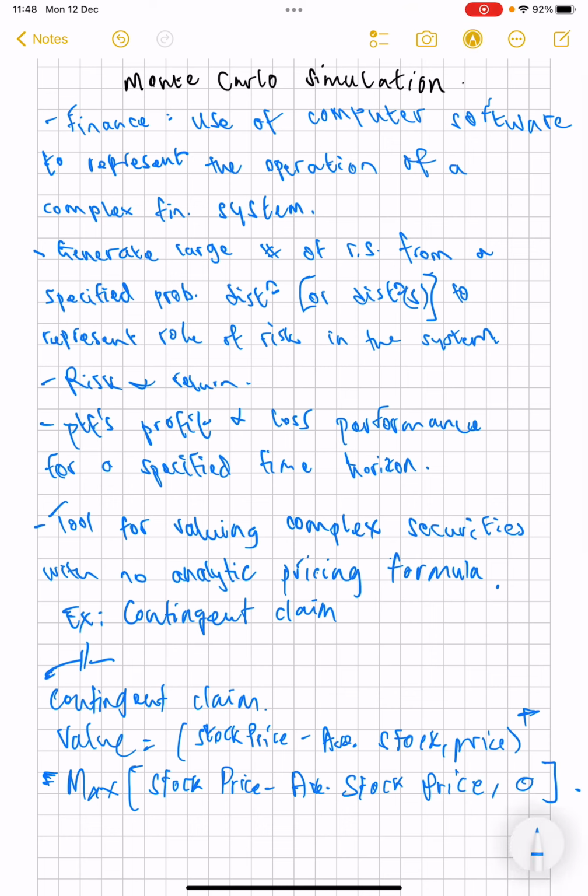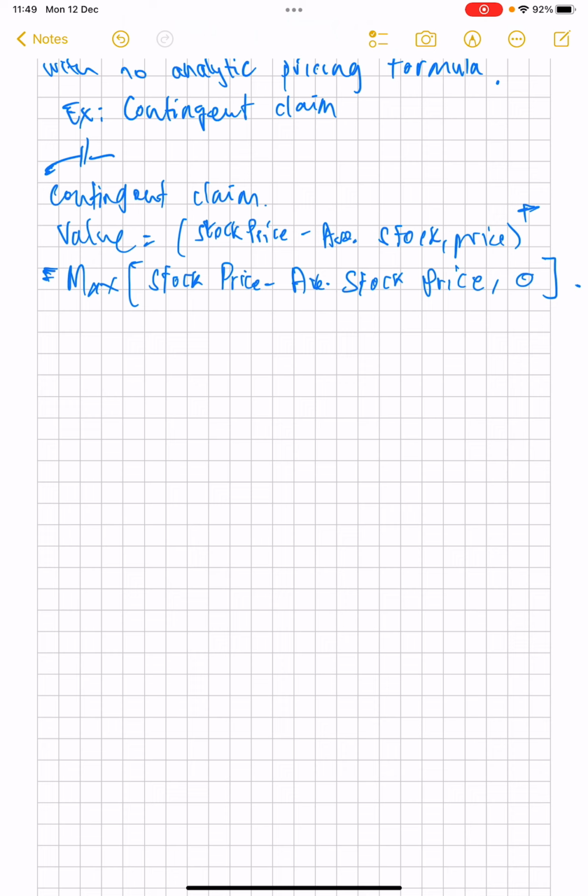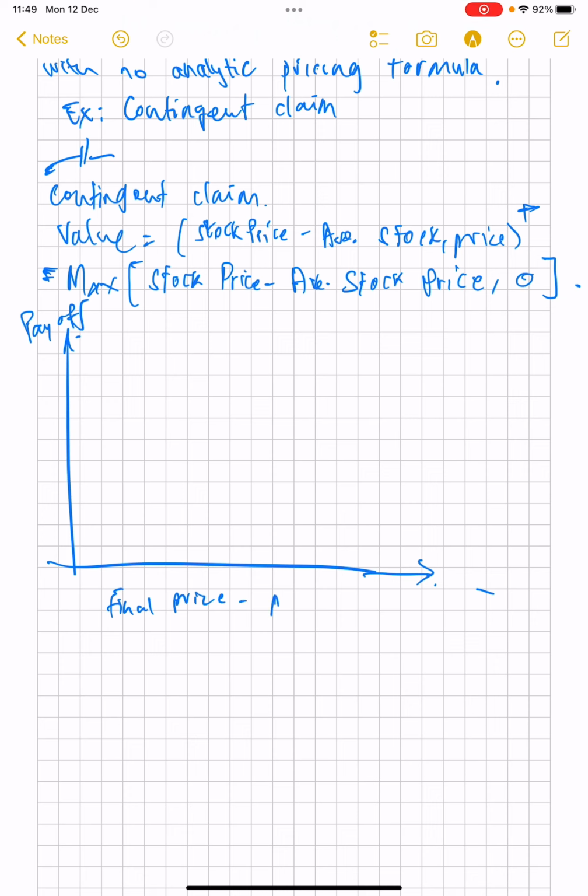This notation is similar to taking the stock price minus the average stock price. That is a contingent claim payoff diagram.